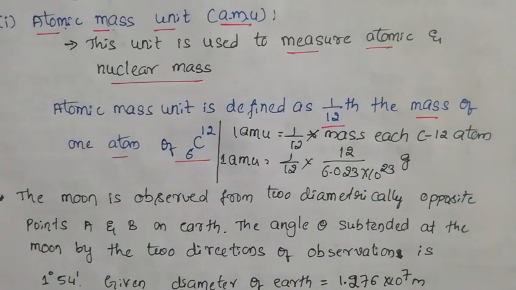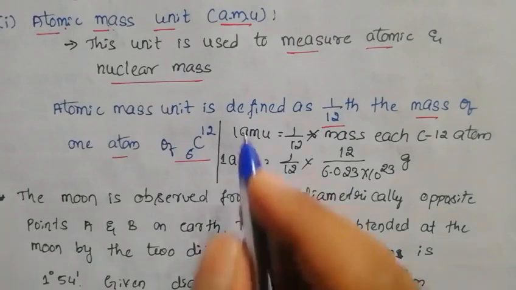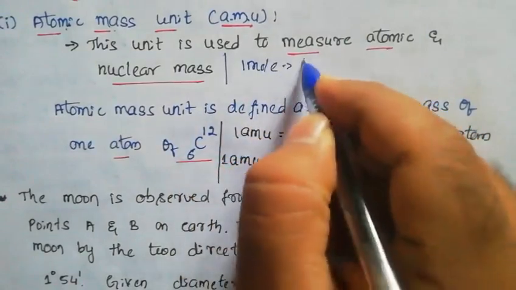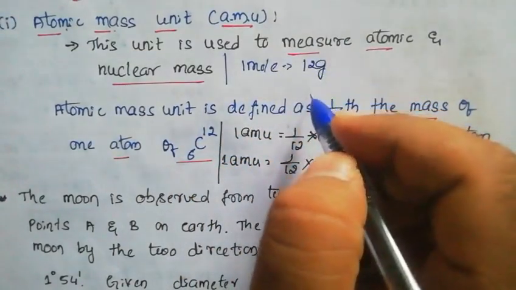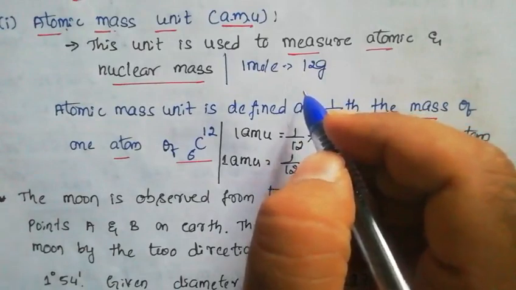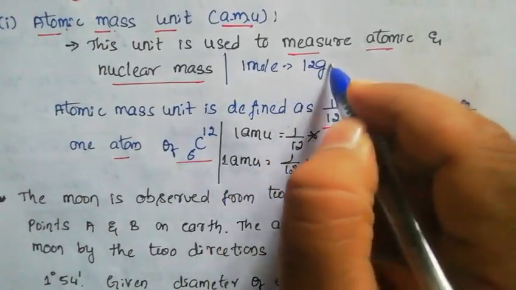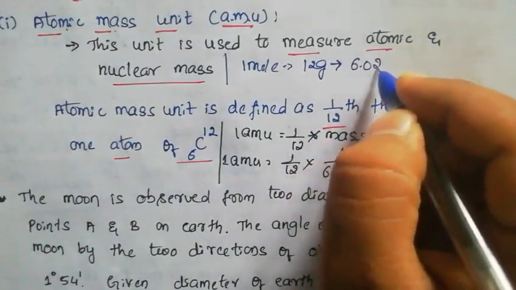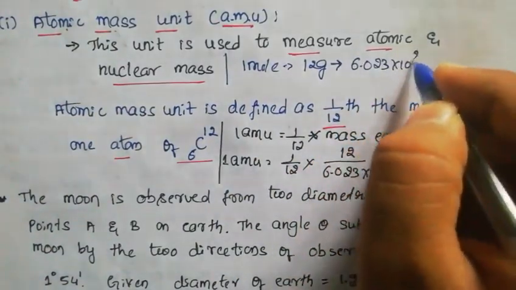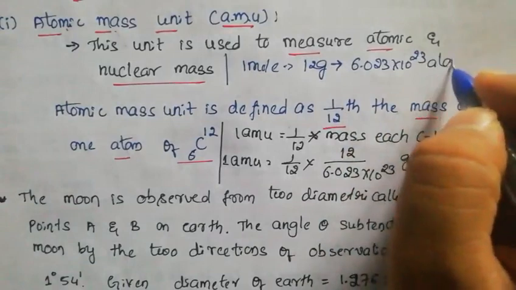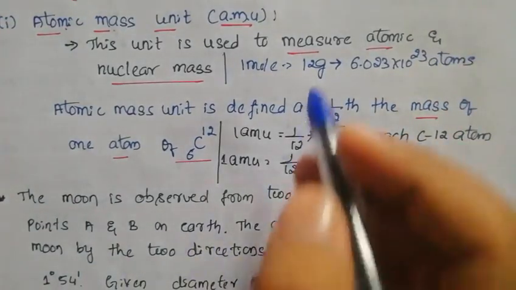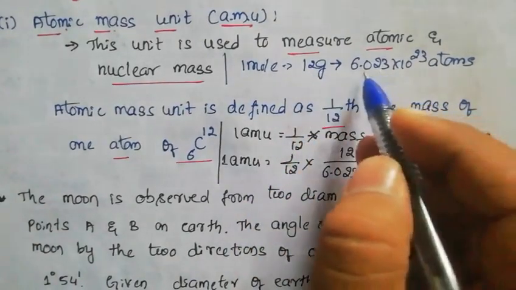How did we get this? Because we know 1 mole of carbon is equal to 12 grams. Each mole contains Avogadro number of atoms, that is 6.023 into 10 power 23 atoms. So 1 mole containing 12 grams is equal to these many atoms.